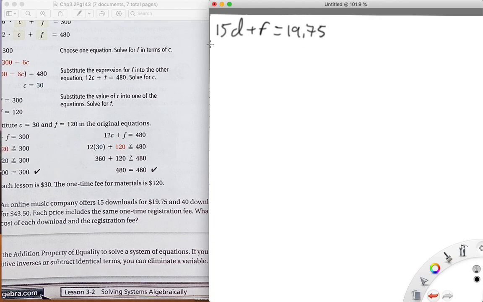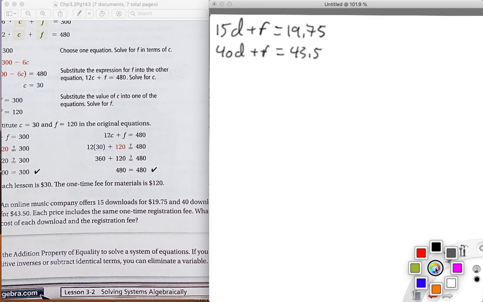And then we also have 40 downloads and that same fee also for $43.50.